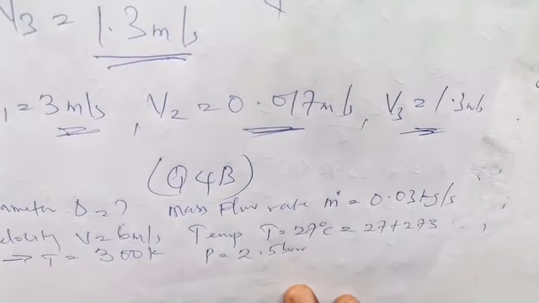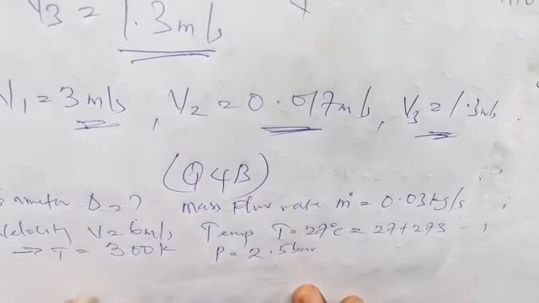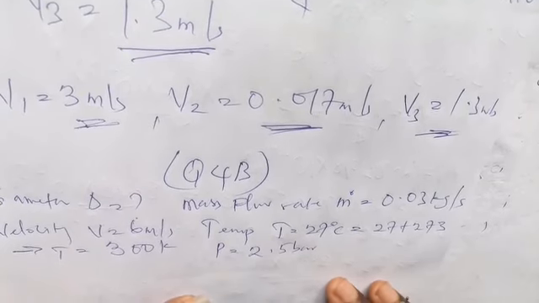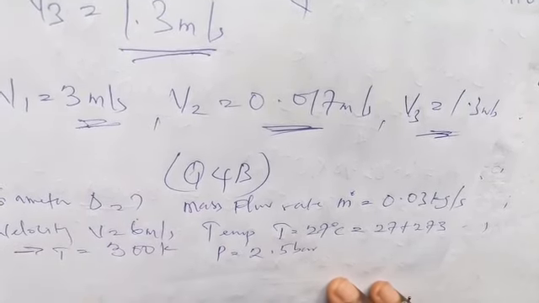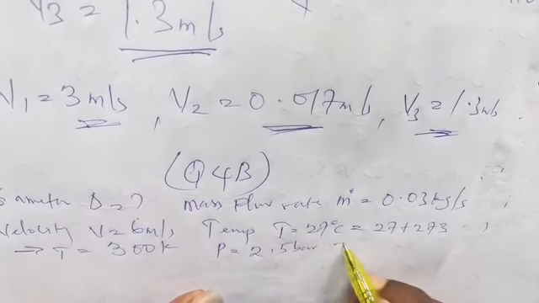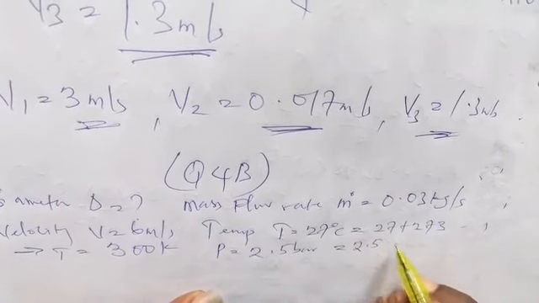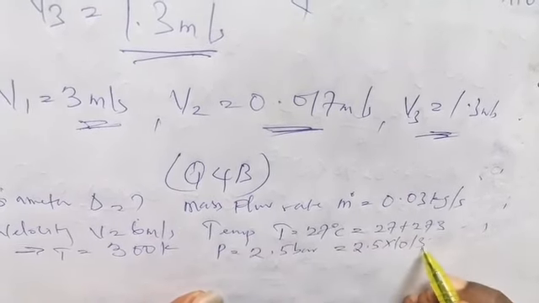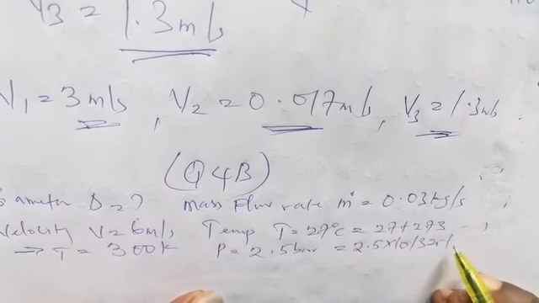We also convert this to Pascal, and 1 bar is 101325 Pascal. So this will give us pressure as 2.5 multiplied by 101325 in Pascal.